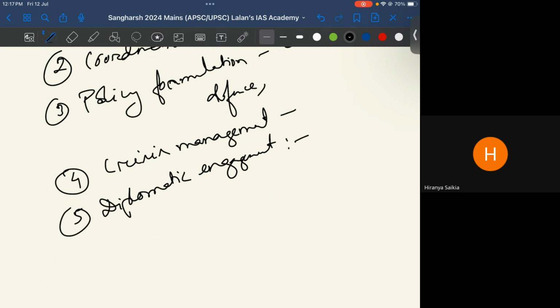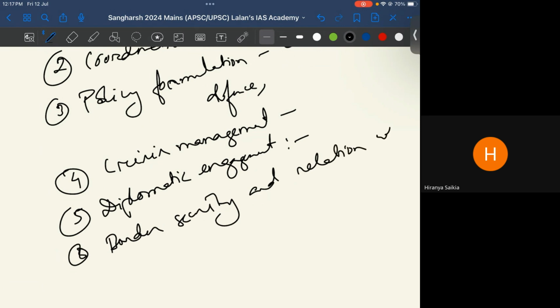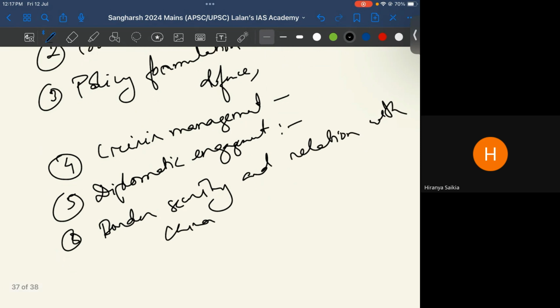So এইবিলাক ক্ষেত্ৰত we see his engagement, আৰু especially in the recent times we see that border security and relation with China. Post 2020, the events in Galwan has been managed at NSA level.